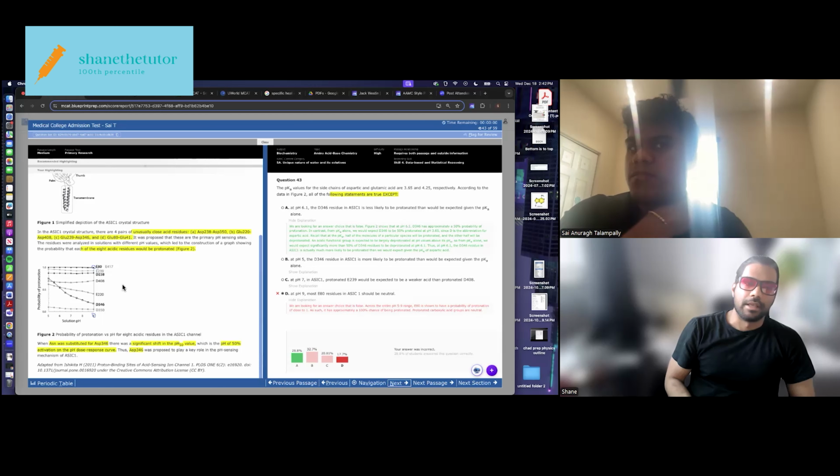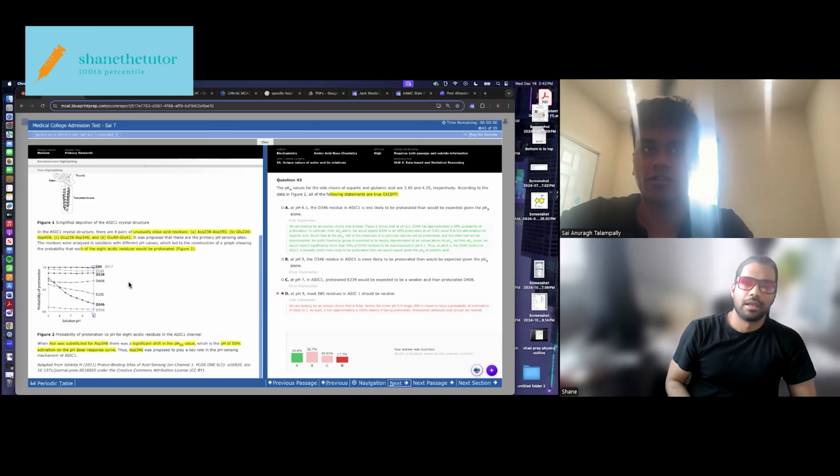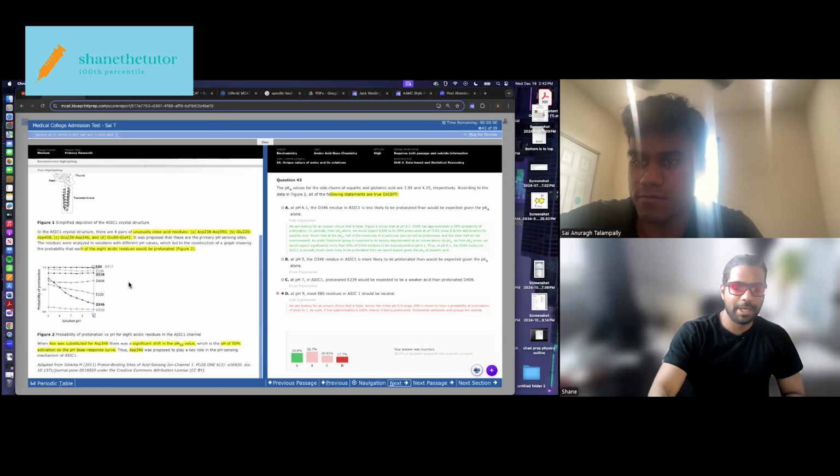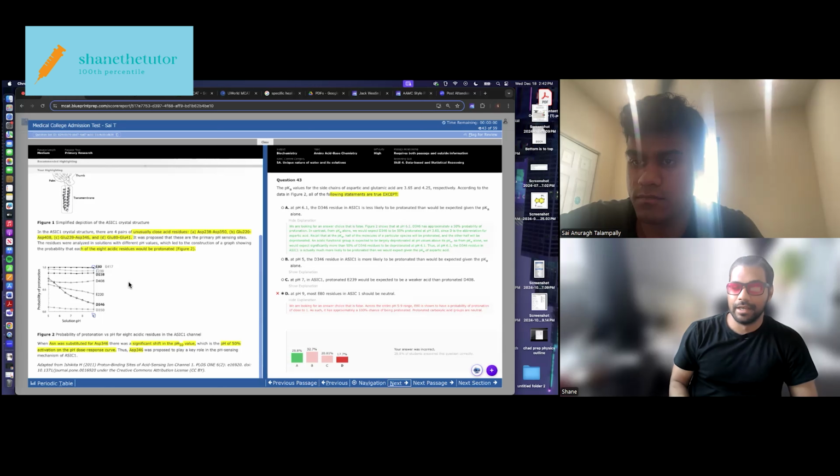But according to this graph, if it's protonated, wouldn't that mean it's the O group and then the H, so it would be OH? Wouldn't that be considered neutral? You're telling me that the C terminal and the N terminal make something neutral regardless of the side chain. But if that was the case, we wouldn't have any charged amino acids, any acidic amino acids, or any basic amino acids.